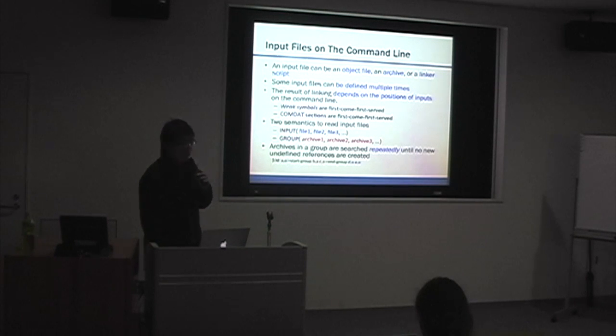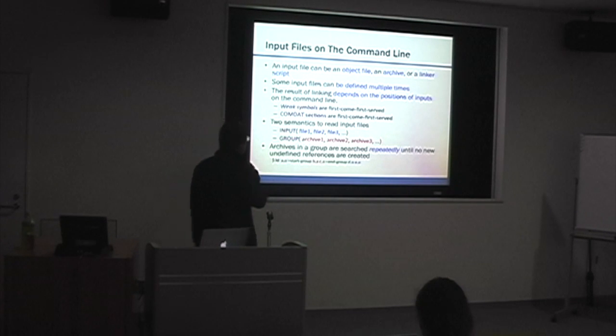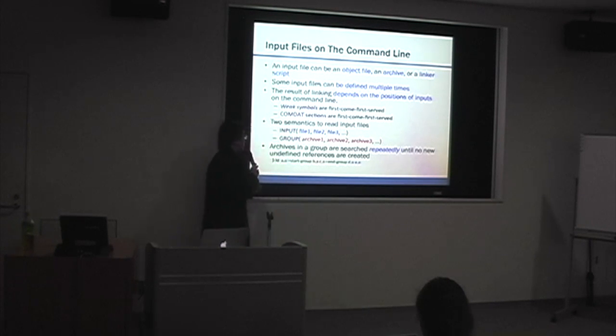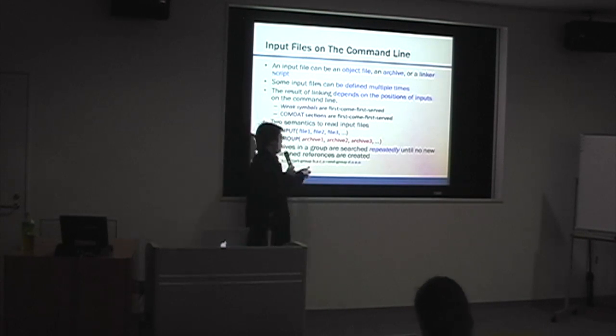And then there are two semantics to read the input file. The first semantic is input, which tells the linker to read the inputs one by one. The second is group. The linker will read the group over and over, again and again, until no new undefined references are created. Take this for example. There are two archives, archive B and archive C, in this group.